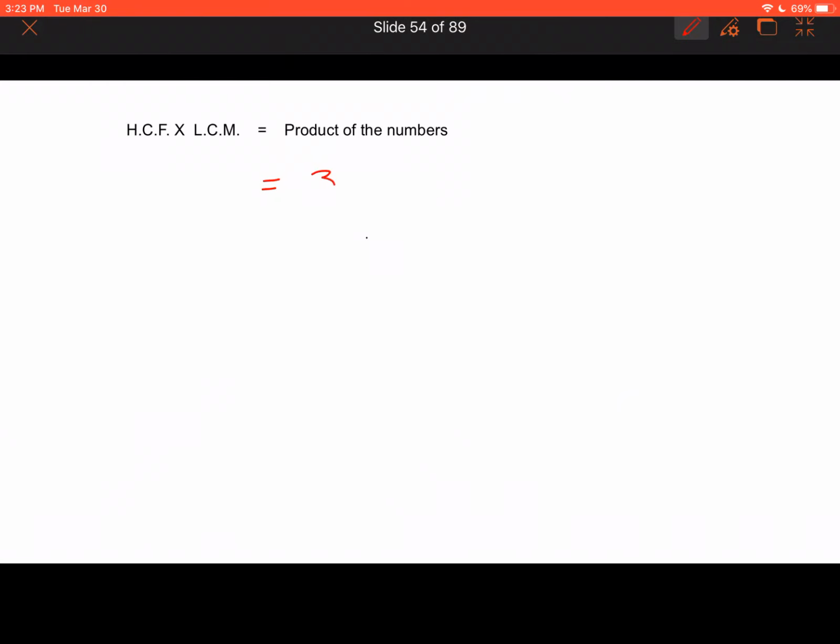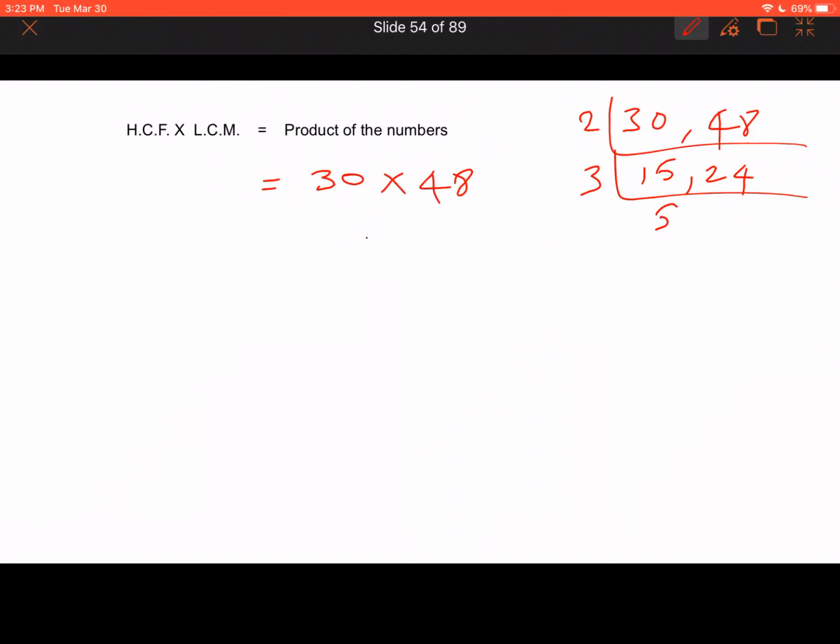If I multiply 30 and 48, and I find the LCM and GCF for this, so GCF or HCF is going to be 2 times 3, that is 6, whereas LCM is going to be 2 times 3 times 5 times 8, which is going to be 240.